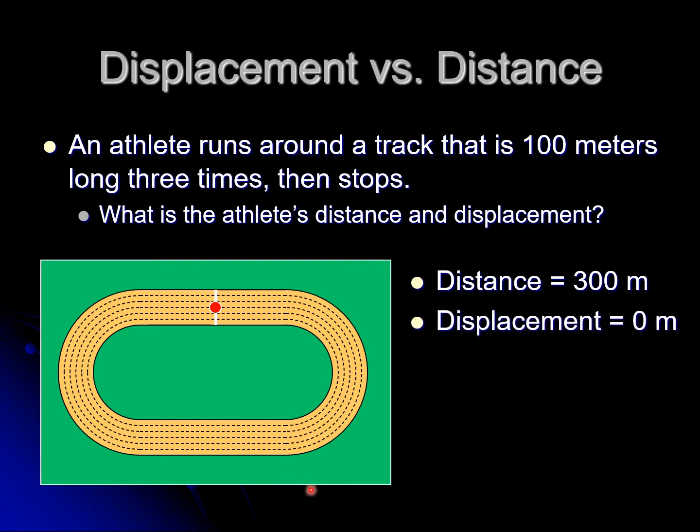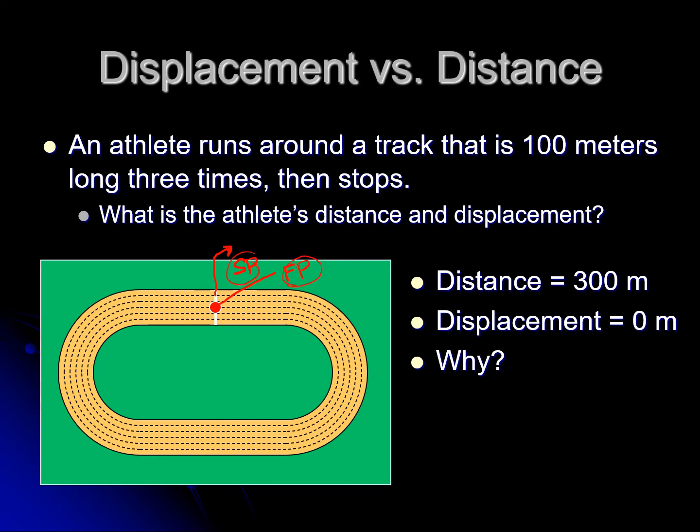Teacher, why is it 0? Again, what is our starting position? Our starting position is this one, right? So this is your starting position. Where is our final position? This is also our final position.